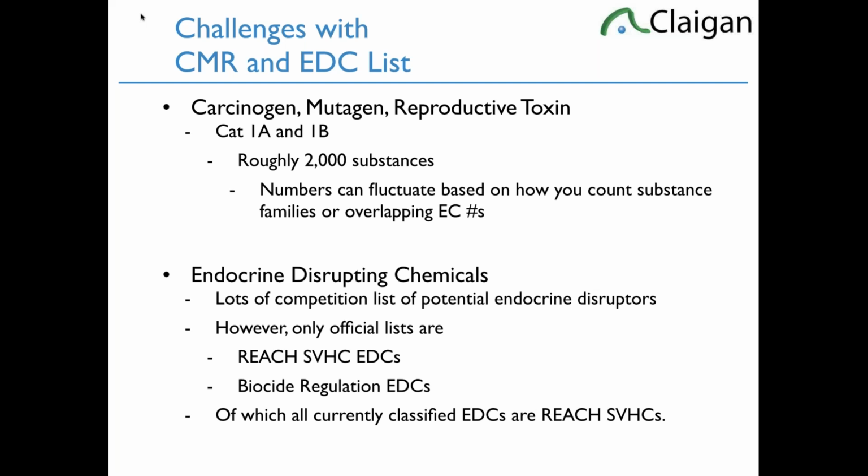And they're officially classified under REACH SVHC. So CMR list is always very interesting and exciting. It's the official classification. They have to be officially classified as a category 1A or 1B in Europe. The endocrine disrupting chemicals today have to be through the REACH SVHC process. You'll get some antibacterials coming through the biocides process. Right now, we're looking just at REACH SVHC classified endocrine disruptors.